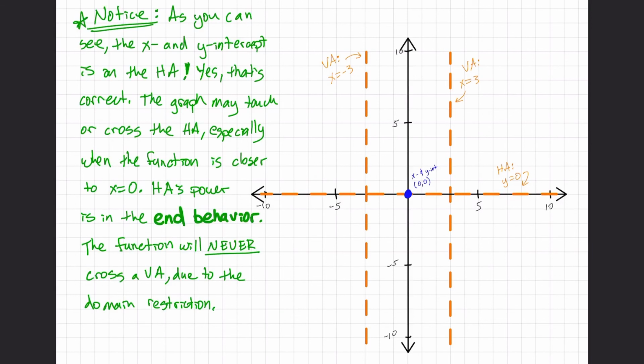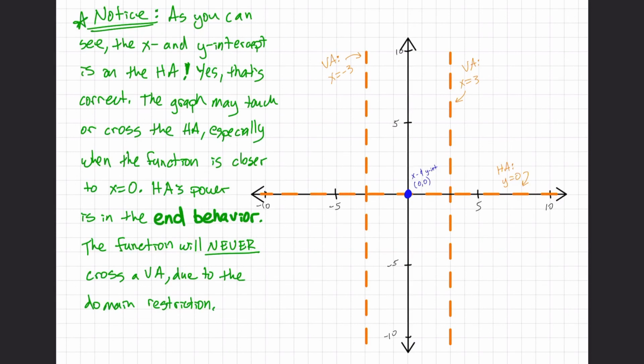I've even seen functions, not this one obviously, that will cross and then come back like that. That's because the horizontal asymptote is the end behavior. As x approaches positive infinity or x approaches negative infinity, this is what's happening. Not so much around these numbers, but at infinity is when these weird things happen.